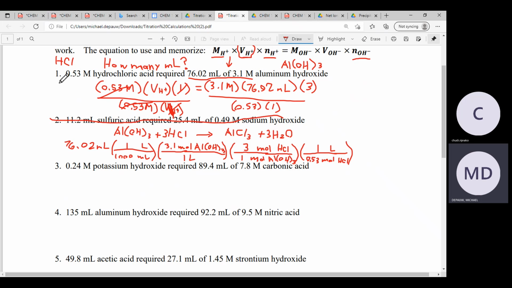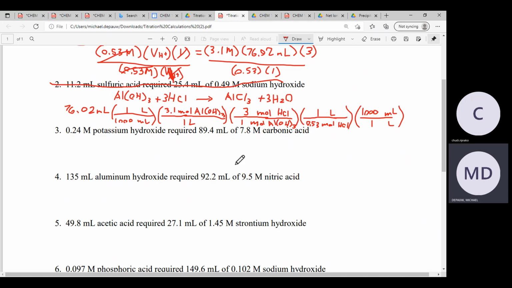I just use that molarity up here. And then I can convert liters back to milliliters to get my final answer. And there you go. So, I mean, this will give you the same exact answer as the above way will.